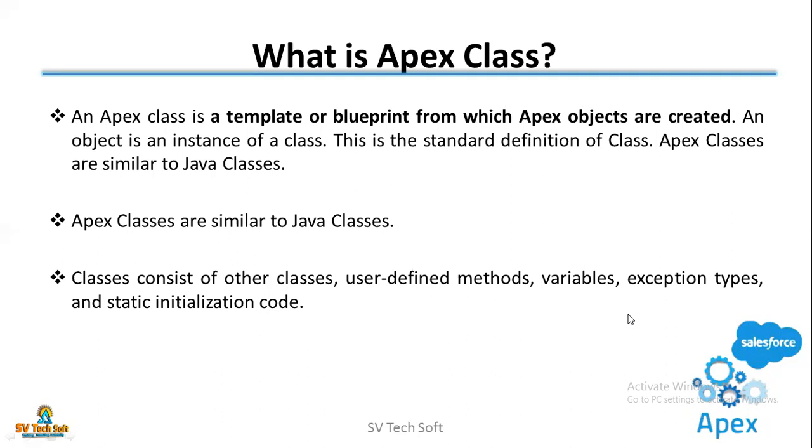Why does the term blueprint come? In India or any other country, if you want to build a house, first of all, you cannot build the whole house by your own work. First you have to take a plan. The plan must be approved by the government. Then only are you eligible to do the construction.